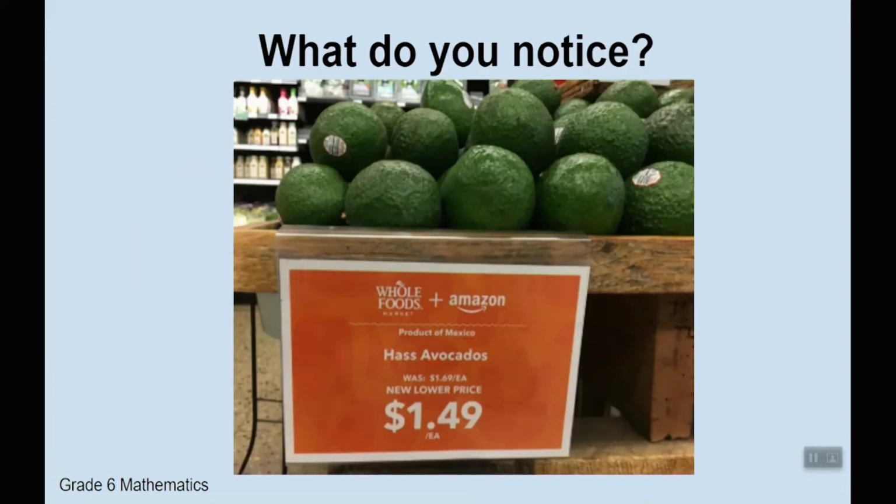You might have noticed that there's a bunch of avocados on a table, or that the sign is orange with white letters. Maybe you noticed that the sign says Whole Foods and Amazon on it. Let's focus on the avocados and the price for now. What might the unit rate of avocados to price be in this picture?